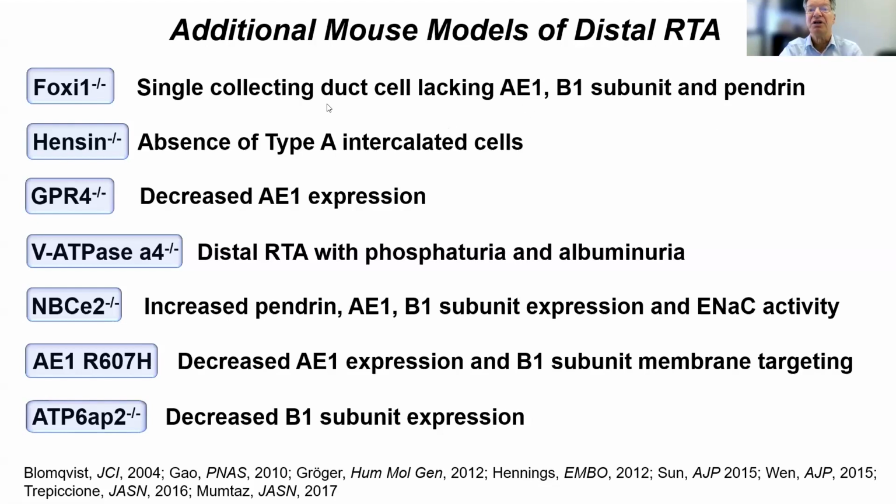They have a number of different protein expression problems. The intercalated cell doesn't develop normally, and they have a phenotype of distal RTA. So it's just another cause you need to know in addition to the B1 subunit and AE1. There's now the FOXI1 patients.